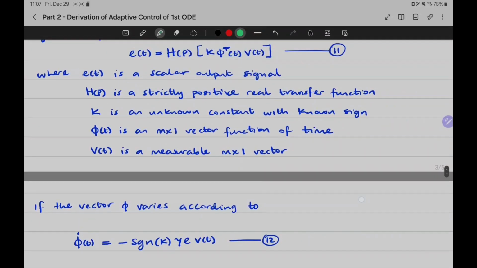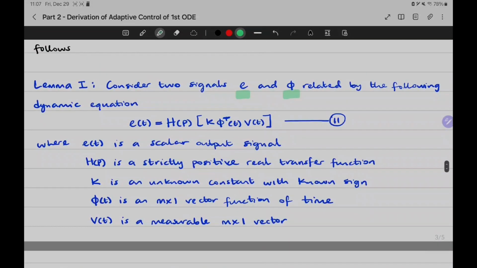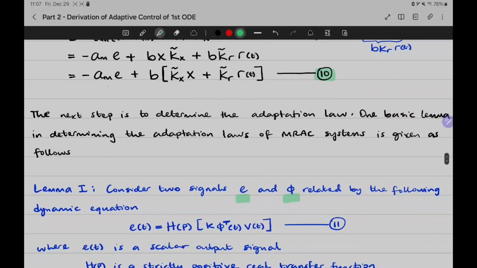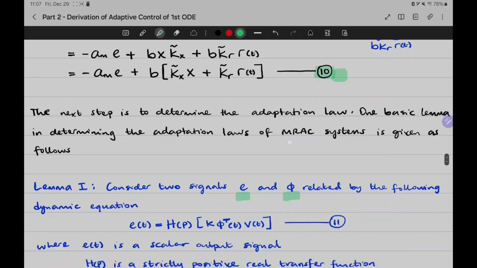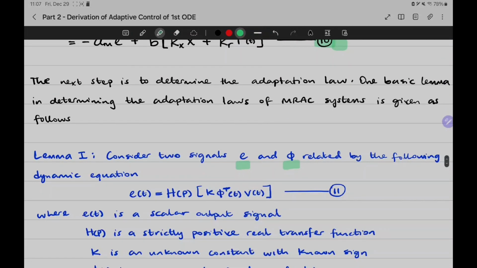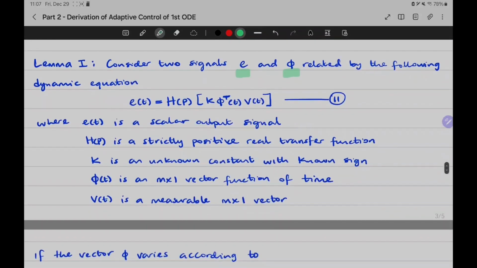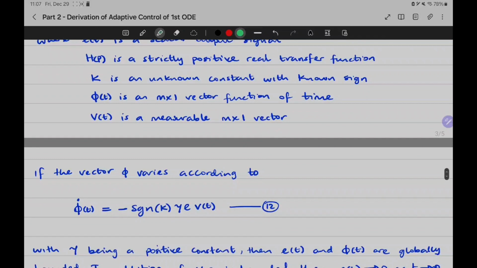Now, the idea behind this is you want to take the error that we obtained earlier, right here, and change equation 10 into this form. If you are able to change it into this form, then you can say that your adaptation law is going to be of this form.